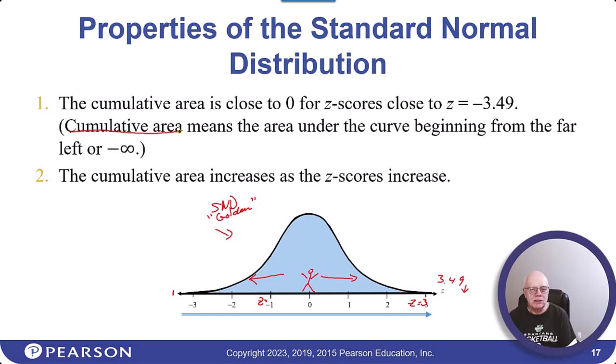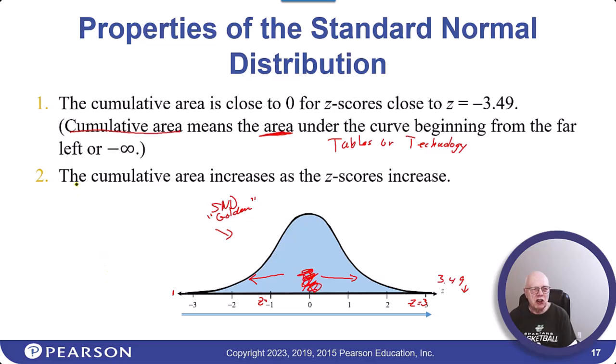This is very important because whether you're using tables or other technology, almost all of those, when we're talking about area, start looking at the area from the very left-hand side.